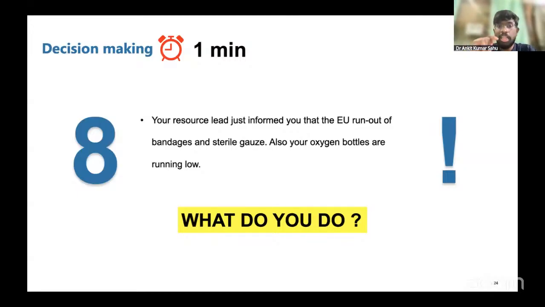Please remember that your orthopedics OPD might have a plaster OT where all these things are available. So you can get from there. Oxygen bottles, you can get it from wards which are not being utilized at present for managing the MCM. So yes, internal resources can be mobilized.